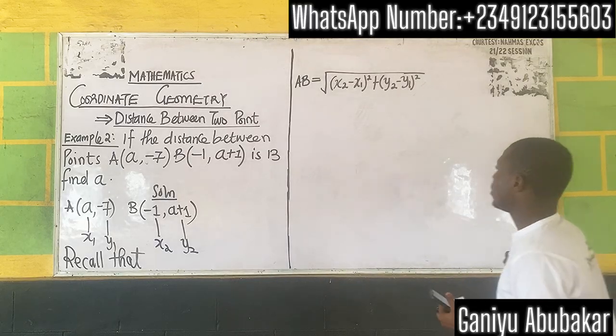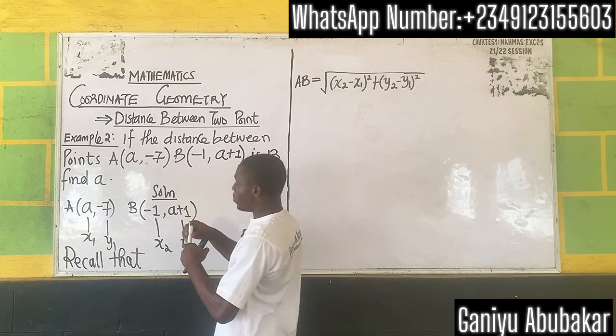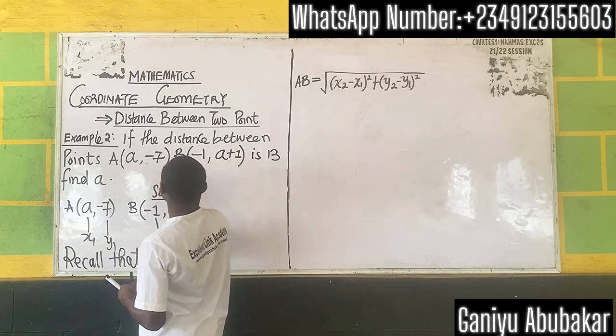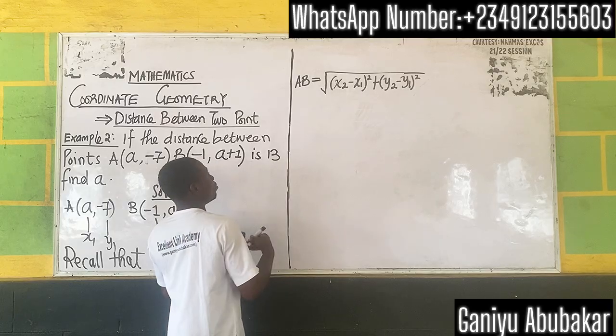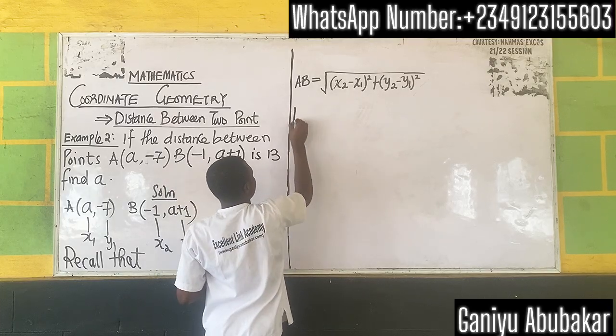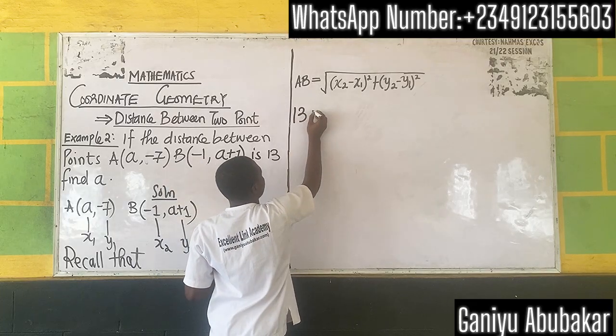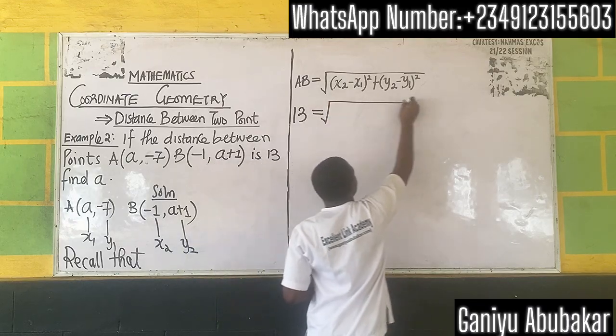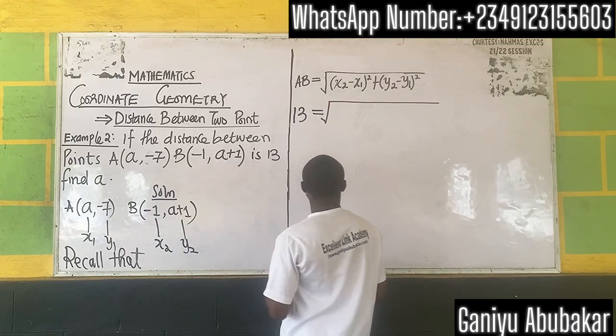So the next task here, listen up, they said the distance between points A and B is 13. So AB is 13 here, and it is equal to the square root of x2 minus x1.